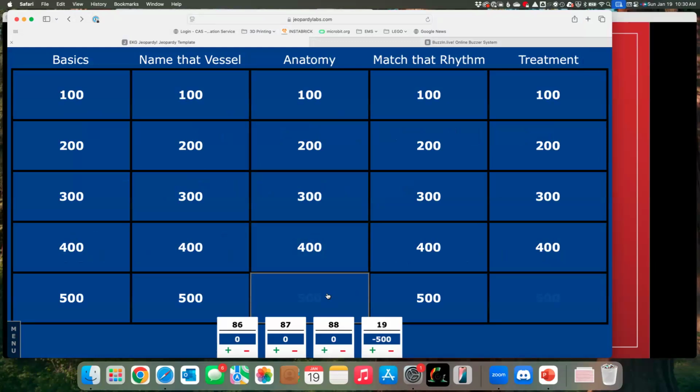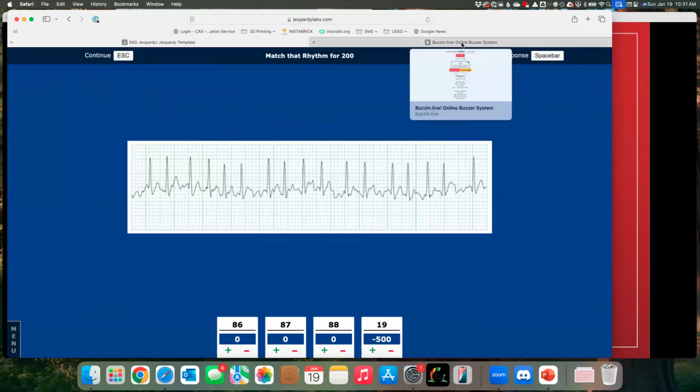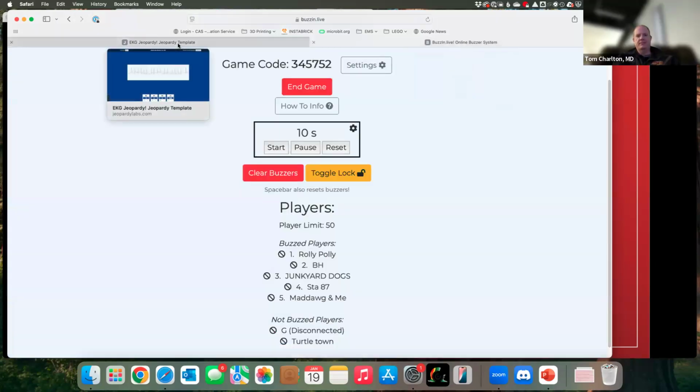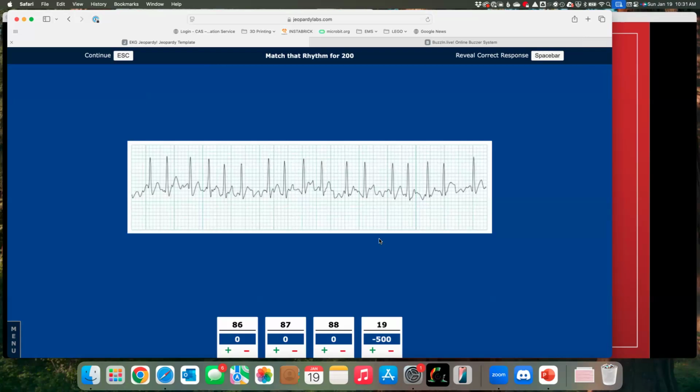Match that rhythm 200. Who's roly poly? Roly poly. Going once.